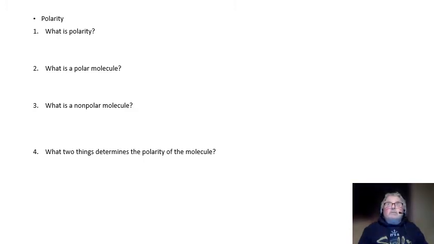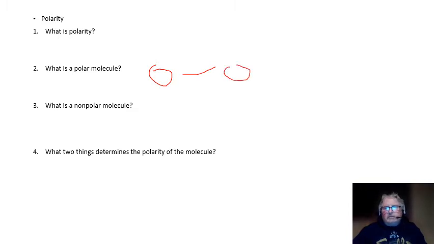They could be equally shared or unequally shared. Okay, a polar molecule will have unequal sharing of electrons, and when that happens, one part of the molecule will be more positive, and the other part will be more negative. So you might have, these are just 2 atoms here, and if it's a polar molecule, one set of atoms will have more of the electrons, and the other side will have less electrons.